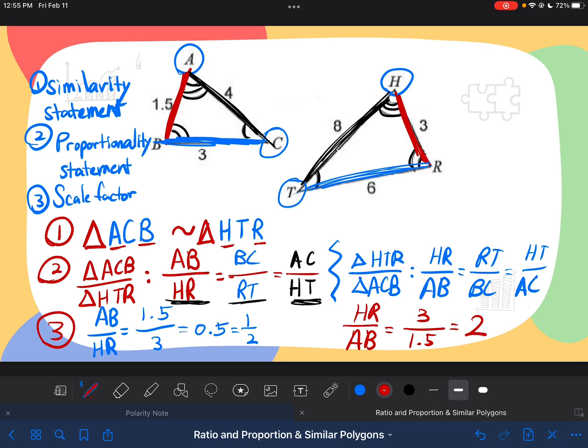So even though the scale factors are slightly different, it does not matter. The only thing that matters is that within one side, if we check on these, they all must equal 2. That is the most important thing about similar polygons or similar shapes.